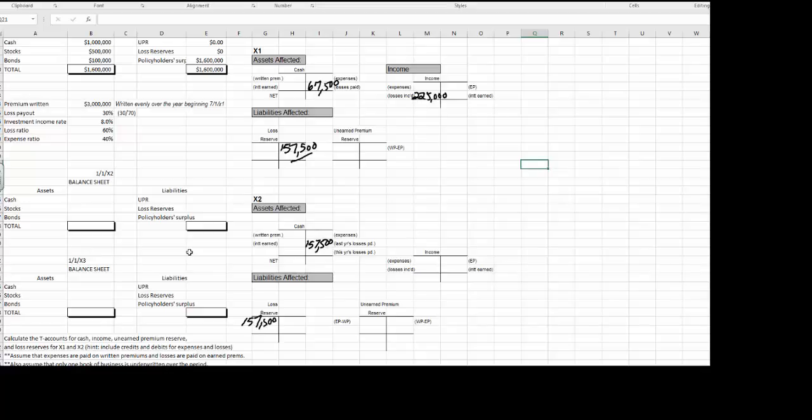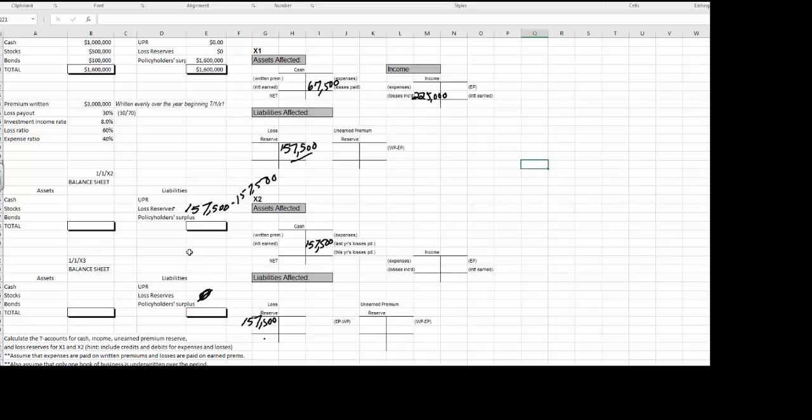Be very careful here because your loss reserve in the first year is going to be 157.5. In the second year, because in this case you're zeroing this out, the loss reserve is 0. You're taking the 157.5 credit here and subtracting that from 157.5 for the first year, and that gives you 0.